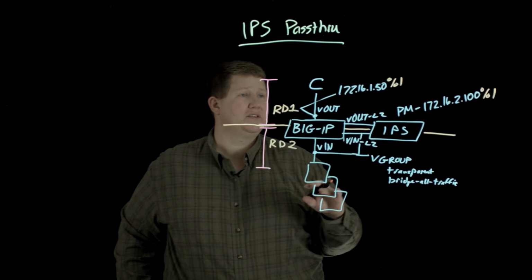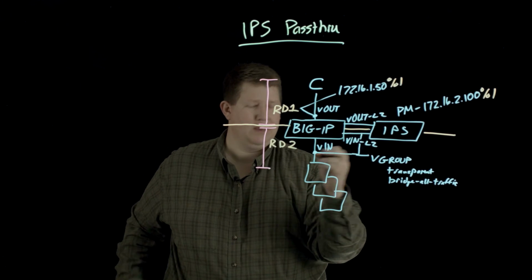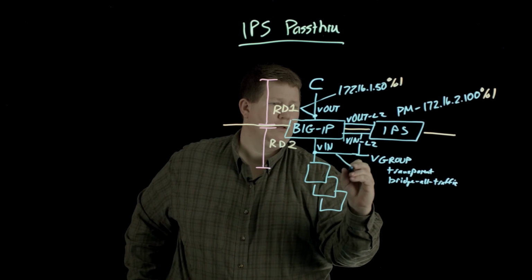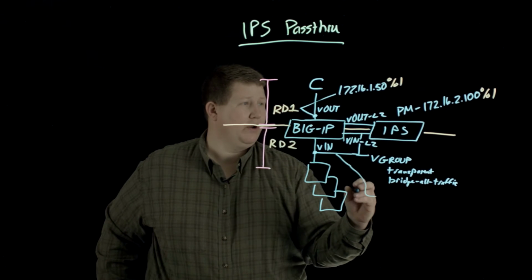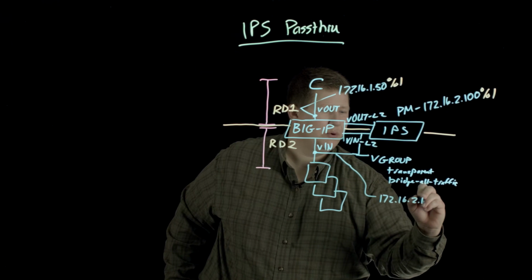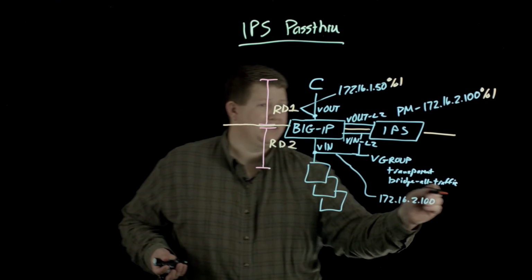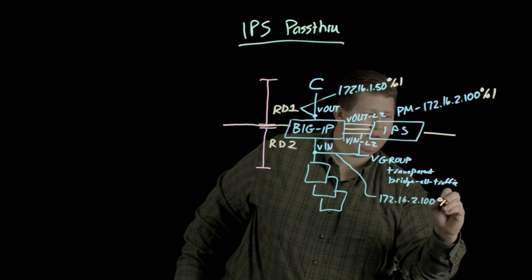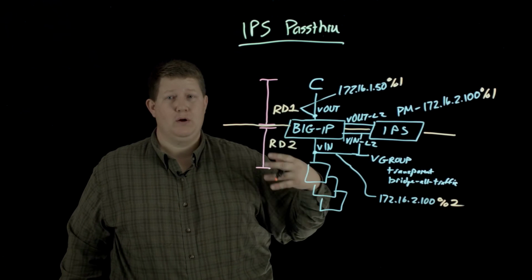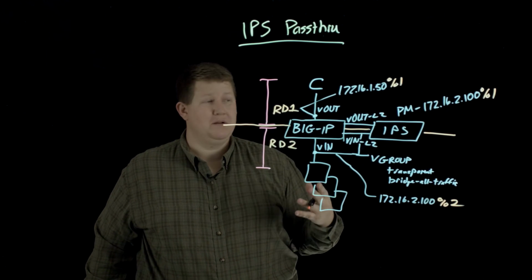Then we take the inside here and establish another VIP, and we're going to make this the same IP address as the pool member on the outside. But because this is on the inside in route domain 2, that's %2. So even though it's the same IP, route domains allow us to set this up and have them act independently.